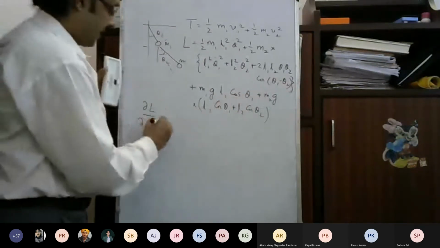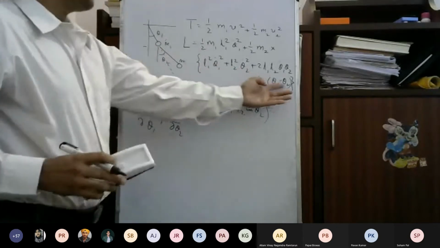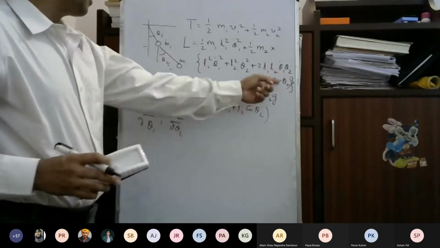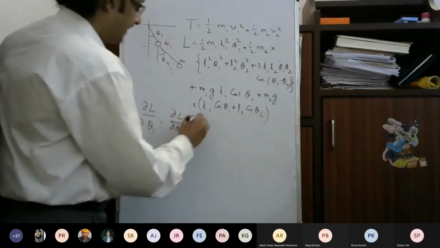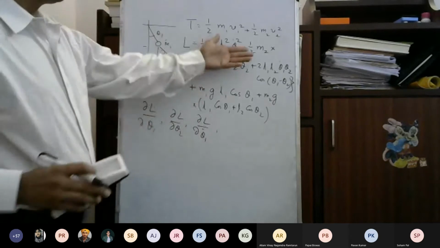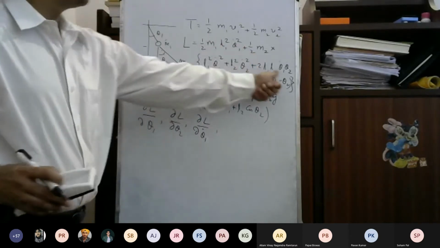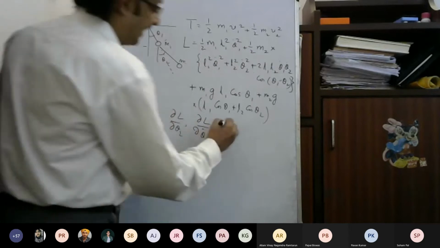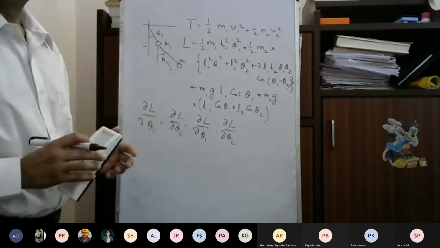You calculate the value of del L del theta 2. Again, one contribution will come from here, another from this expression. You'll calculate del L del theta 1 dot. Only the kinetic energy will contribute, so this term and this term will appear. Then you calculate del L del theta 2 dot.